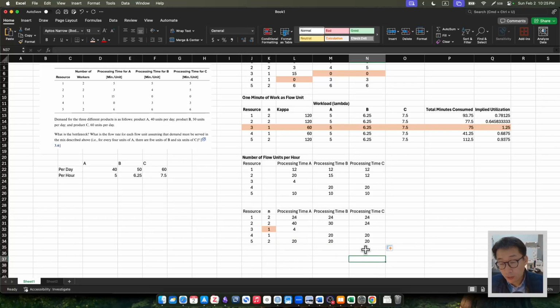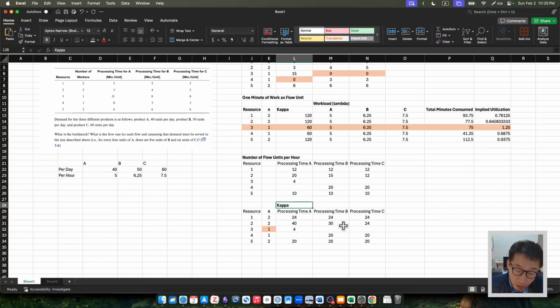We go all the way here. Now we have our capacity. Now we have our capacity, for each unit on each resource.